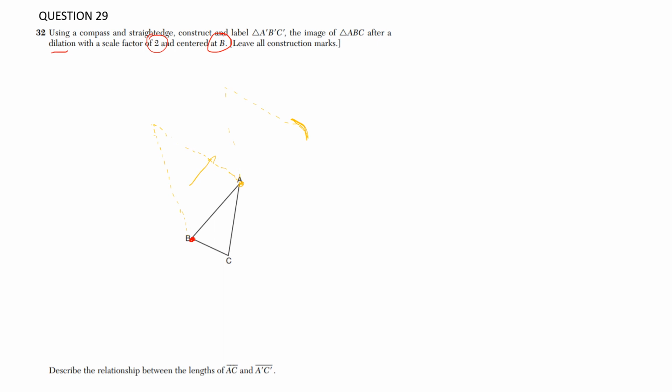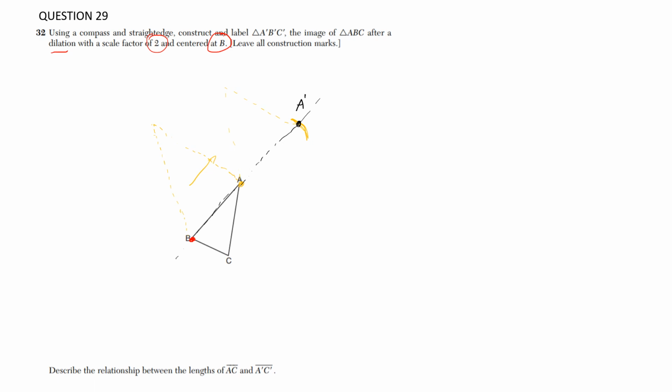If you now take a straight edge and go through this way, you'll find the intersection point here, and that's point A dilated with a factor of 2. Okay, so we know now this is point A prime.